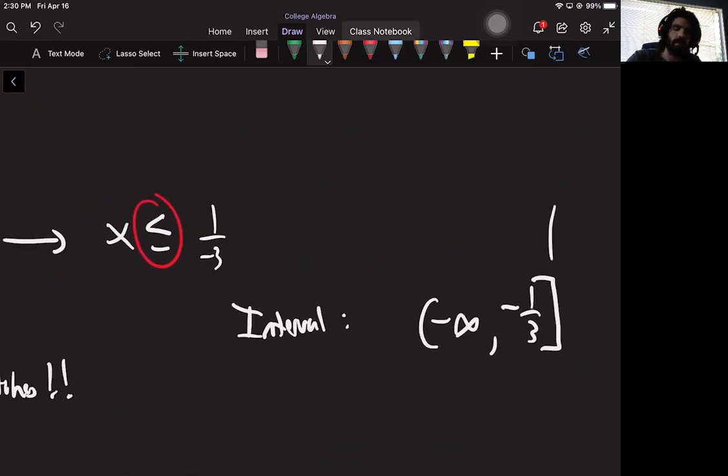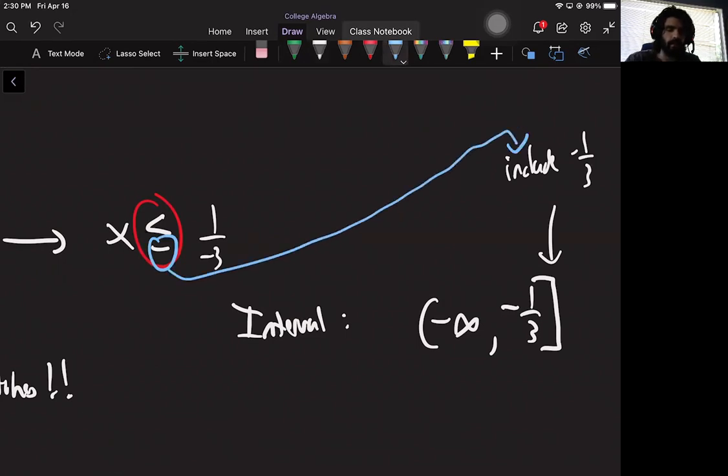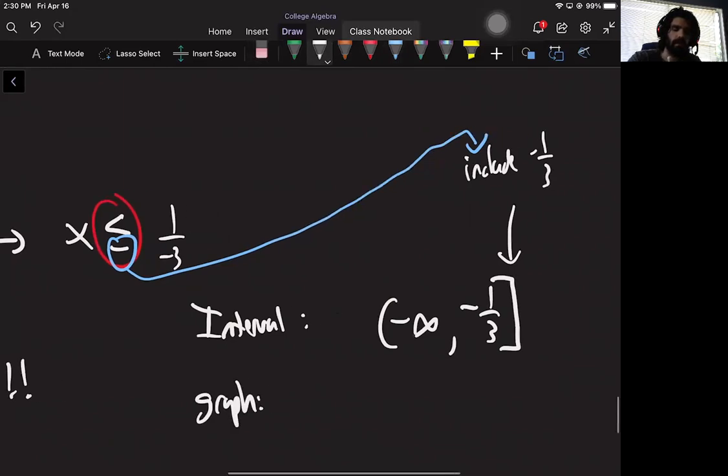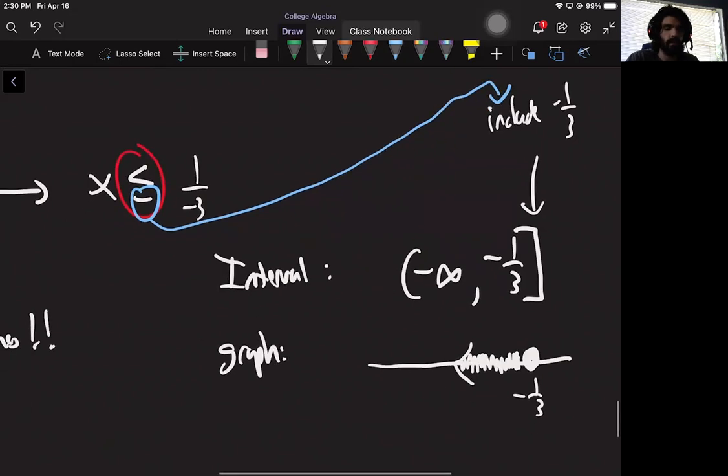Okay, so again, this means include -1/3, and it's because of this equal sign here, this less than or equal to. And then graphically, do that too. So I'm starting at -1/3 and I'm including it because of the equal sign, the less than or equal to, and then I'm shading to the left. So it's always good to just think about what's really going on.